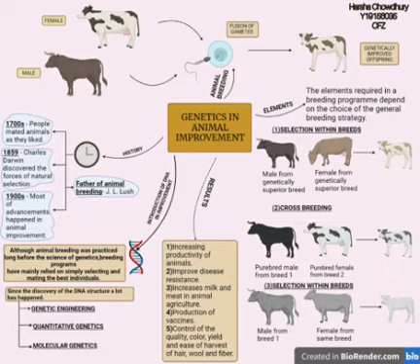Genetic engineering of agricultural animals has the potential to improve disease resistance by introducing specific genes into livestock. It also increases milk and meat opportunity in animal agriculture by increasing the concentration of existing proteins or producing entirely new proteins.